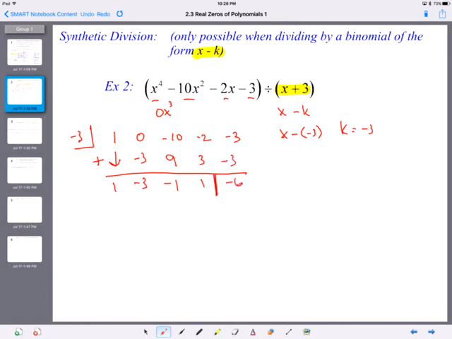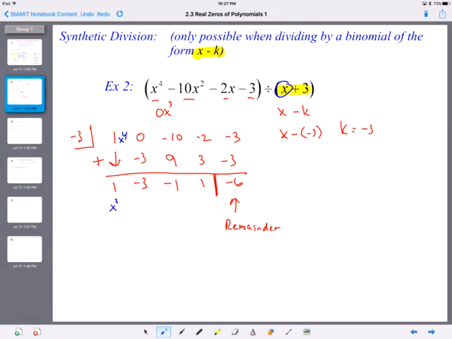Now sometimes you'll see this bar at the very end. That represents your remainder. And so all of these numbers represent your coefficients of your quotient. If you started with x to the 4th and you divided by an x, then your quotient went down by 1.